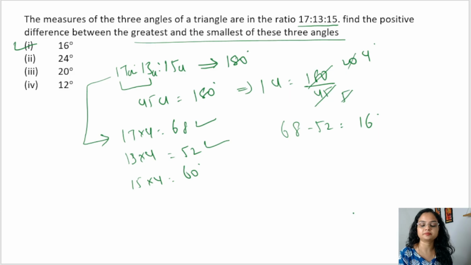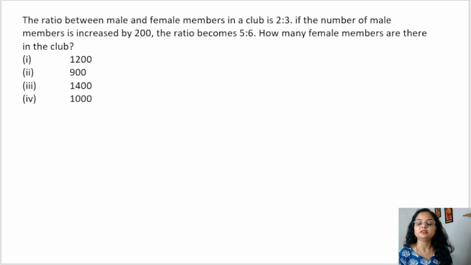First option. Next one. The ratio between male and female members in a club is 2 is to 3. If the number of male members is increased by 200, then the ratio becomes 5 is to 6.